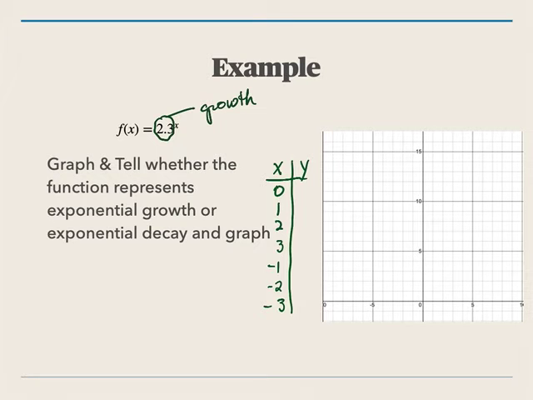But to do this, I go, all right, 2.3 to the 0 power is 1. 2.3 to the first power is 2.3. Then I'm going to have to calculate 2.3 squared on my calculator and 2.3 cubed. Then we'll have to calculate 2.3 to the -1 on our calculator, 2.3 to the -2, and lastly 2.3 to the -3.